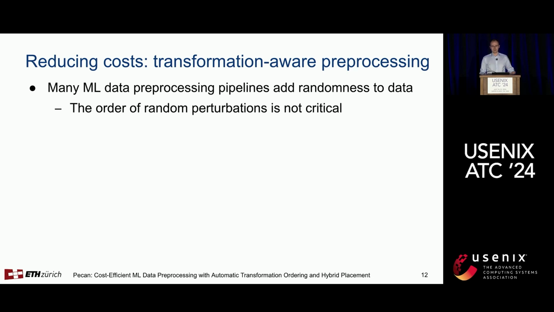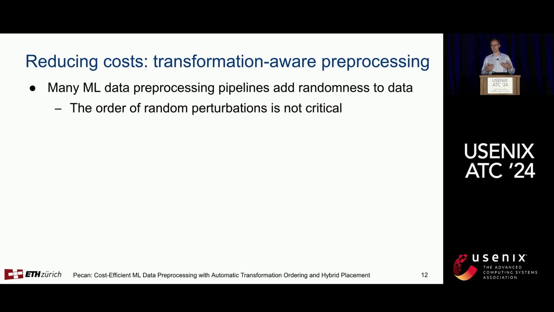Now, orthogonally to our auto placement policy, we have another strategy that can help reduce end-to-end costs, and that is by using transformation-aware data preprocessing. Until now, typically, machine learning frameworks such as TensorFlow or PyTorch would treat the input pipeline as fixed, as written by the programmer, and wouldn't change the internal logic.